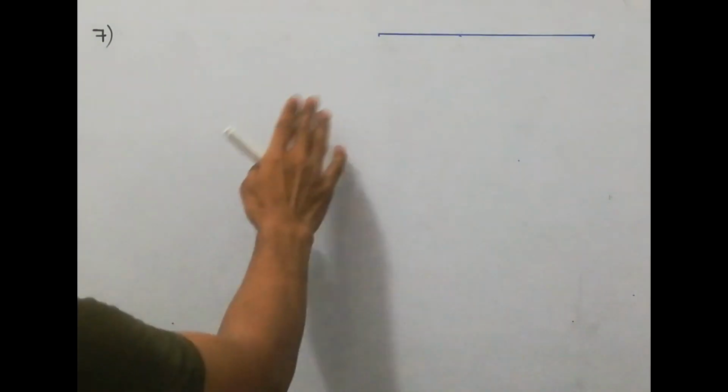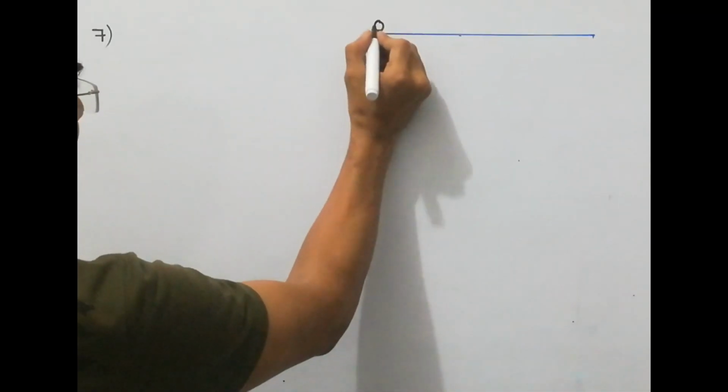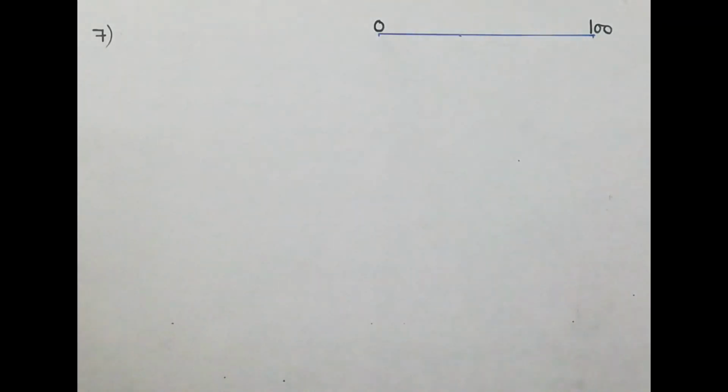Now let's see the next one, numerical number 7. In numerical number 7 they say a uniform meter rule. So let us consider that this is a uniform meter rule. Now as it is a meter rule, one end will be marked 0 and the other one will be marked as 100. Right?